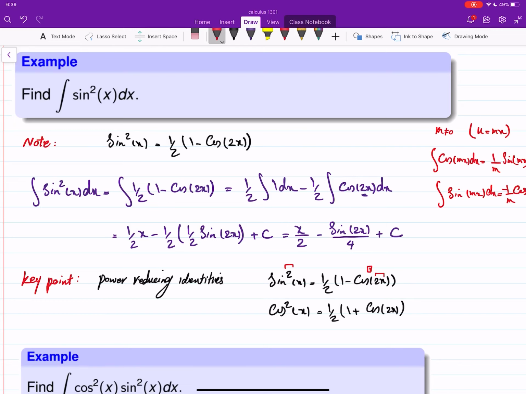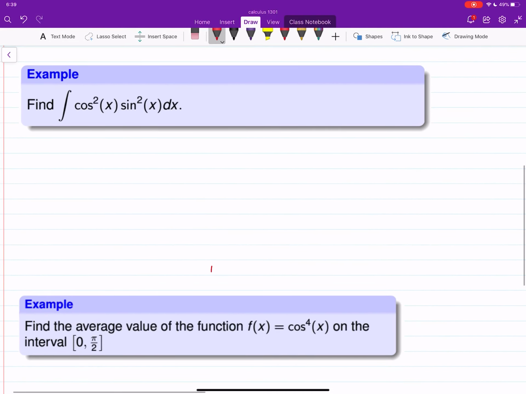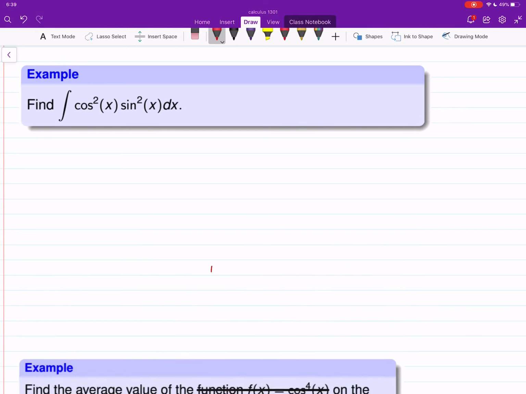Okay, so let's do another example and see how this works. I have here the next case, cosine squared x sine squared x.